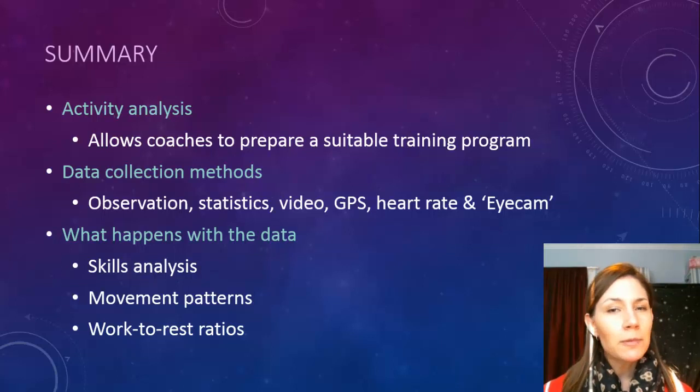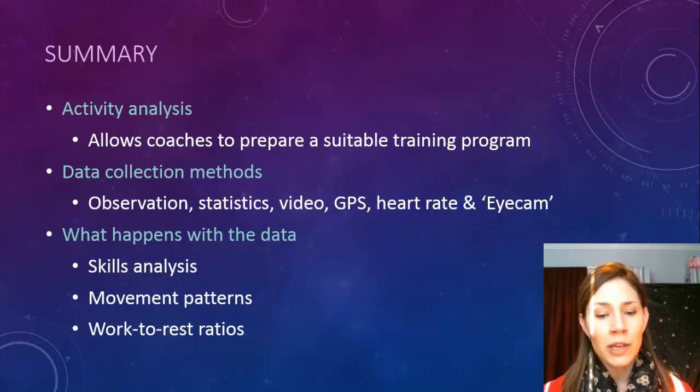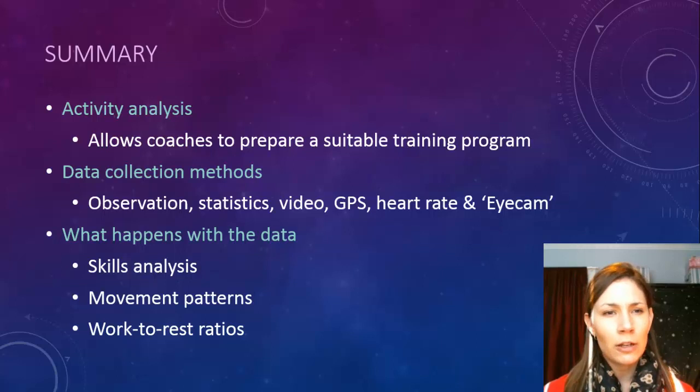And then what happens with the data later on is that they'll do a skills analysis, or they'll look at movement patterns on the field, or they'll look at work to rest ratios and then determine what sort of fitness components are being used, what energy systems are being used, and also then how to tailor a training program for each particular athlete. Now this may be something really specific, so they may only choose 1 or 2 fitness components to work on, or they might choose lots of different things.